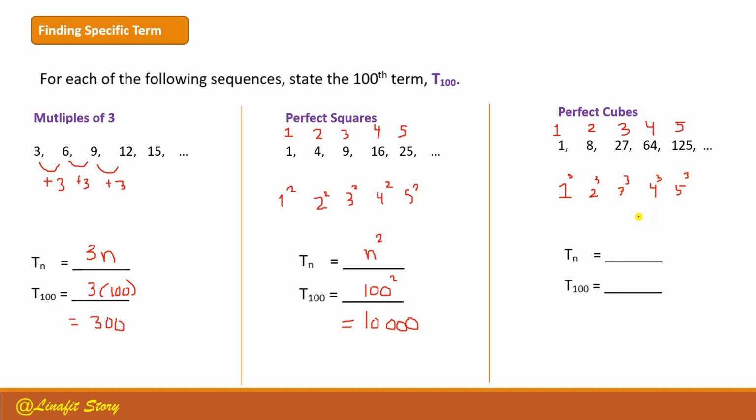So the general term of the sequence is n cubed. The 100th term is 100 cubed, which is equal to 1 million.